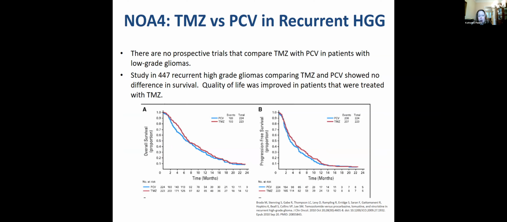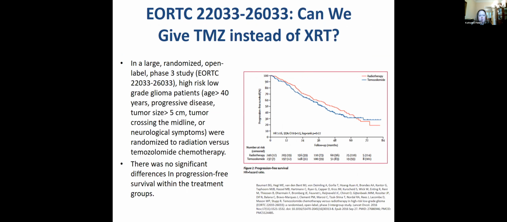So how do we use all these little pieces of evidence to say what is the standard of care for low-grade gliomas? I'm actually on a panel for the American Society of Radiation Oncology right now, where we're trying to answer these questions about the appropriate treatment for our patients. The next question is, can we give temozolomide instead of even giving radiation?